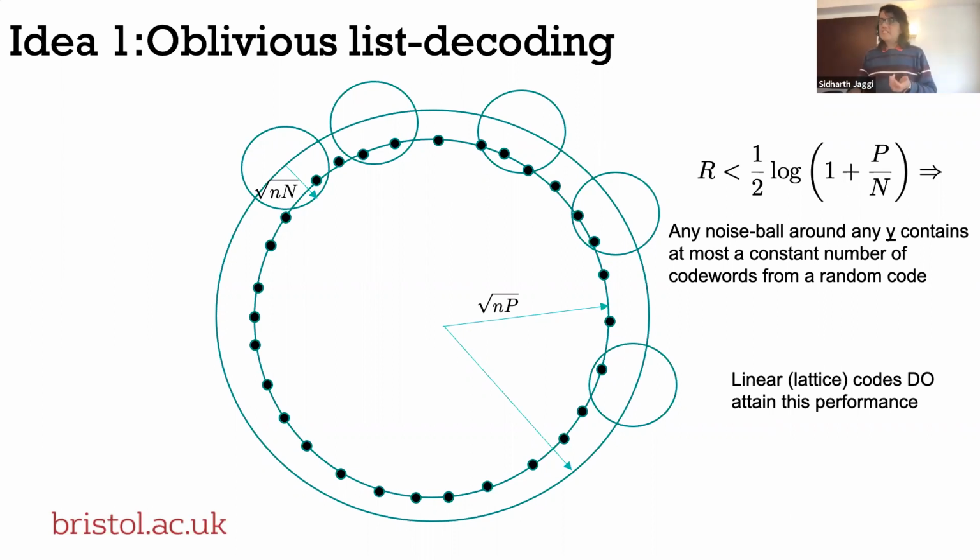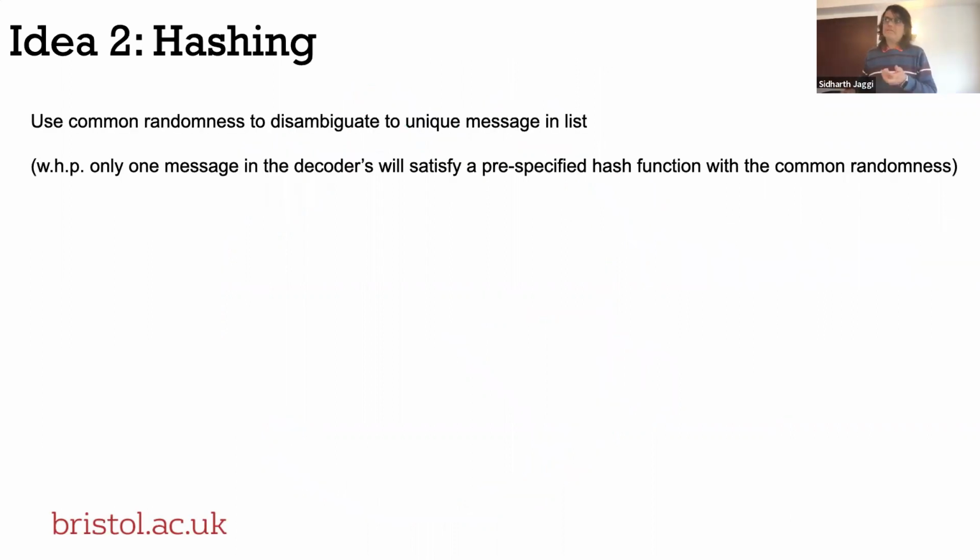So if this is the case, then, for example, if you have additional common randomness between the transmitter and the receiver, you can use that to disambiguate between the small number of alternatives. So list decoding is often a very useful first step in proving any sort of achievability result over here.